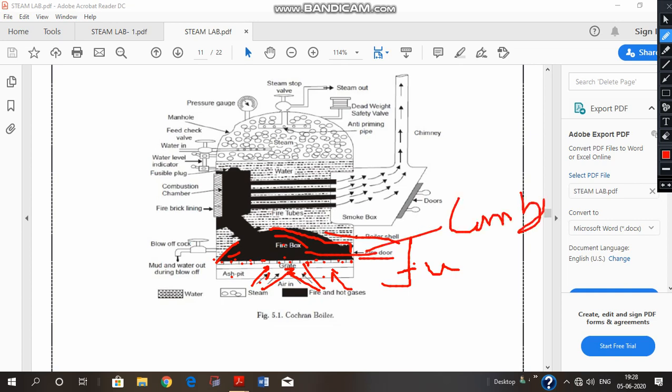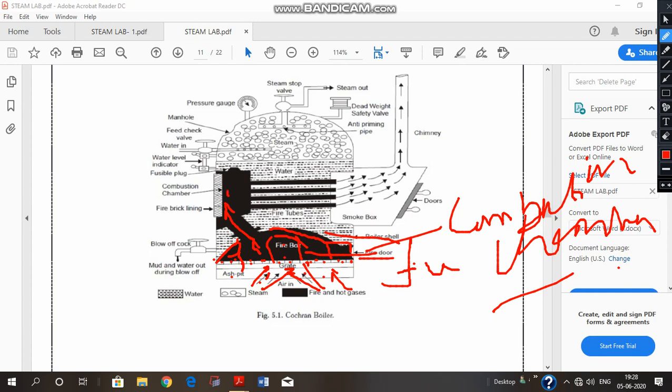Firebox corresponds to the combustion chamber which we discussed in the Babcock and Wilcox boiler. Since combustion happens, it produces flue gases. The flue gases pass through this area, and the combustion chamber exists up to here, as it is labeled.